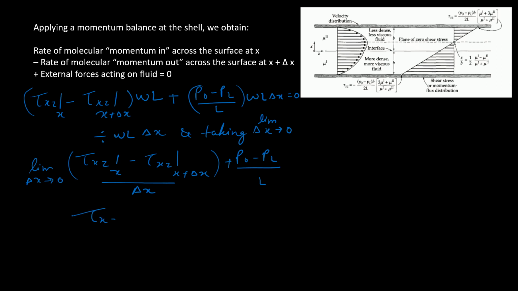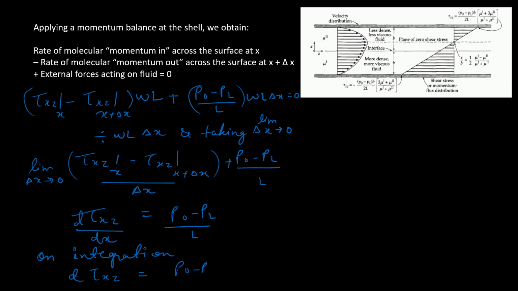Tau xz equals (P naught minus PL) upon L into dy dx. Now take the integration, we get d tau xz equals (P naught minus PL) upon L into dx.